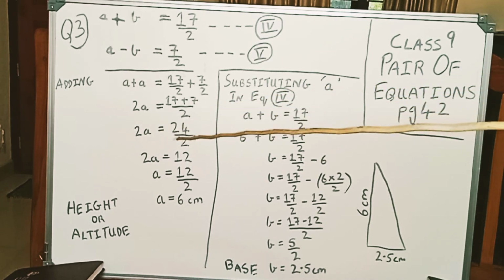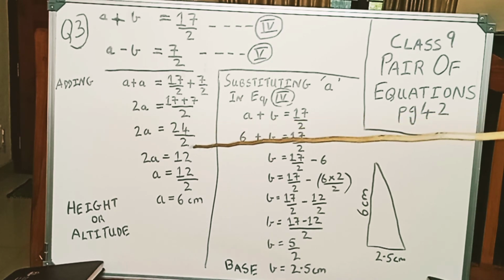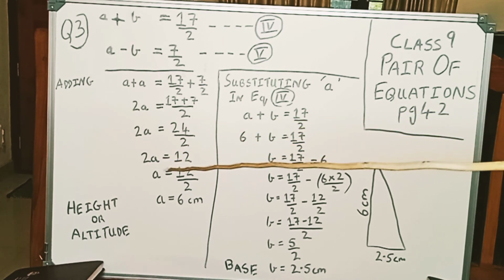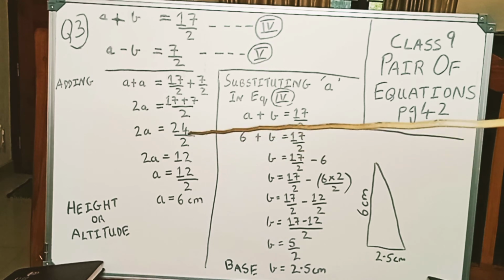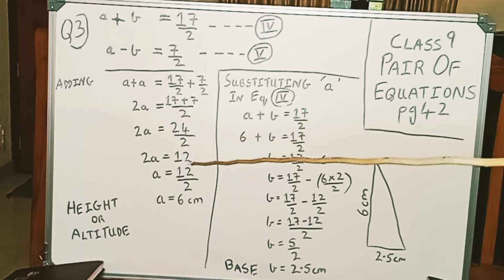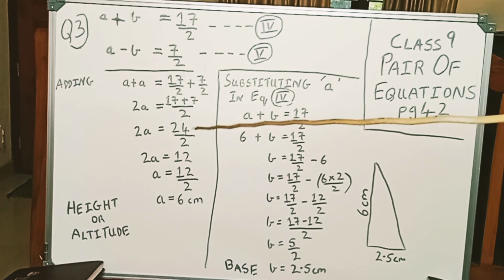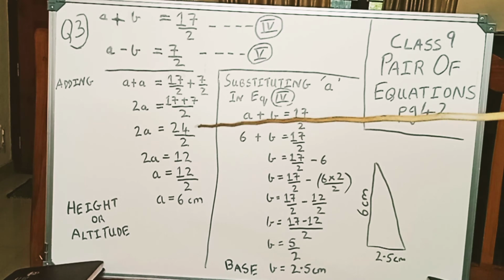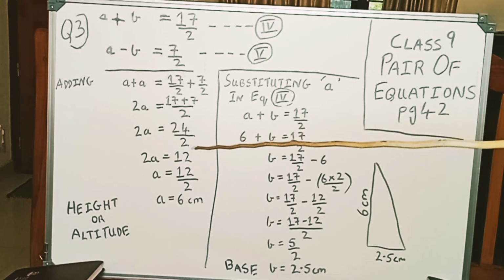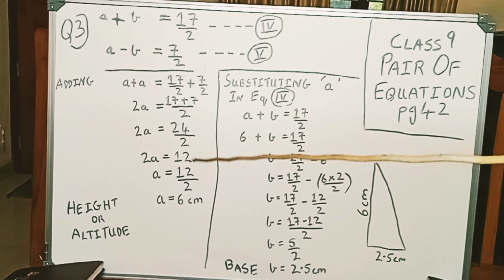So 2a is equal to 24 divided by 2. 24 can be written as 12 into 2, and the numerator 2 and denominator 2 get cancelled. This is how you get 12.